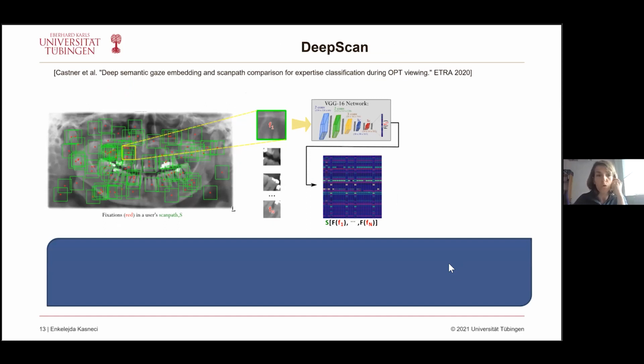So what we did here is that we take so-called gaze embedding. We take fixation patches around each fixation location, so image patches that correspond to a certain stimulus region, and we encode each fixation location by a vector that describes the local image properties.